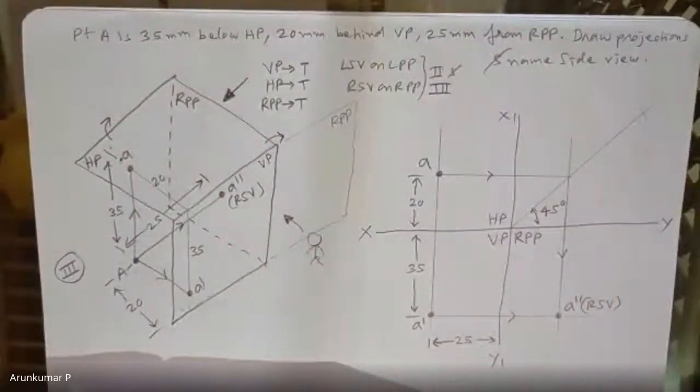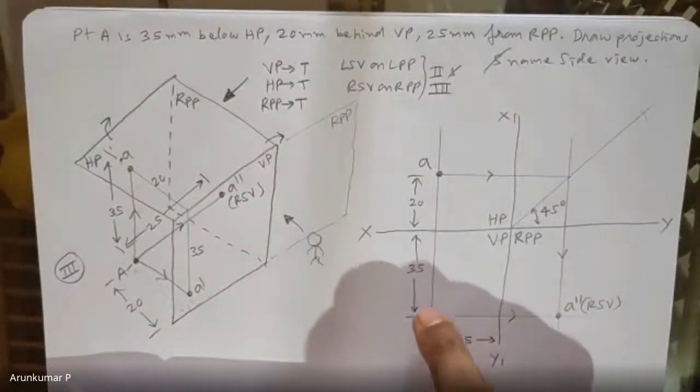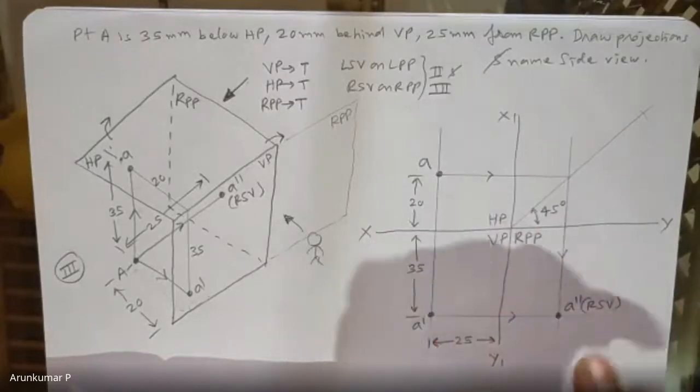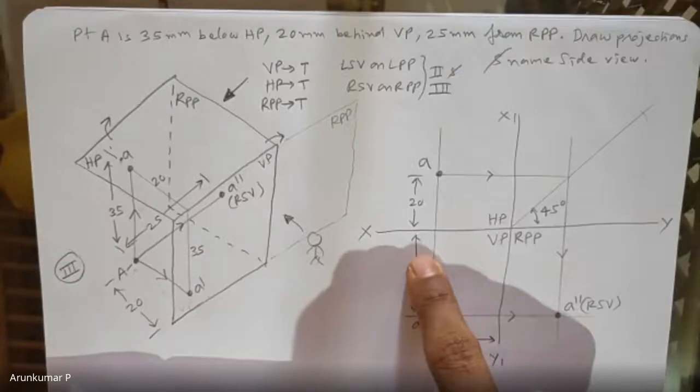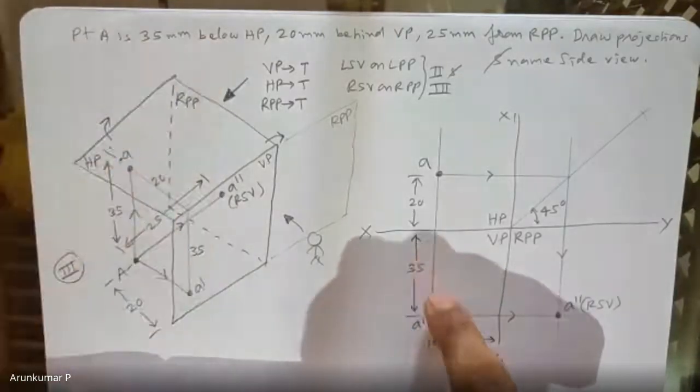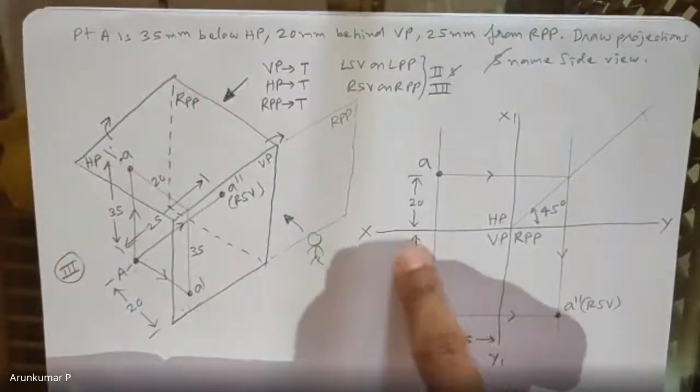So very similar to the problem that we have solved just now. Only difference is the point is on HP. You're getting my point? The point D is on HP. That means this 35 mm distance, how much it is below HP, becomes 0.